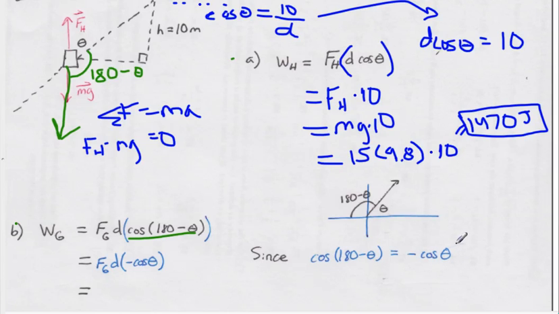Why? If you've taken pre-calc, this is like cosine of A minus B, and you could use that identity and you'd get negative cosine of theta. If you haven't taken pre-calc, no worries, because you can also think about it with quadrants. If this is theta, then 180 minus theta is just the supplement over here. That angle terminates in what quadrant?